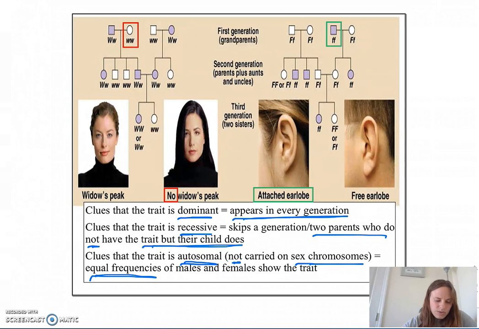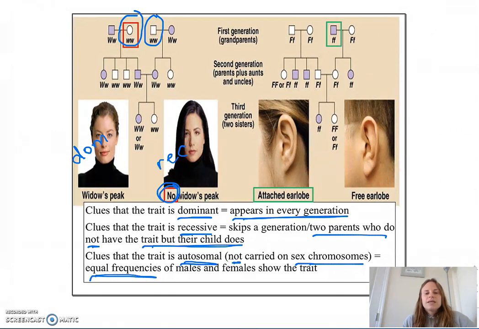But what we do know is that we have a woman and a man who do not have their shapes shaded in. That means that they do not have the trait. Well, that means that that trait must be recessive. Therefore, having the widow's peak must be the dominant trait.